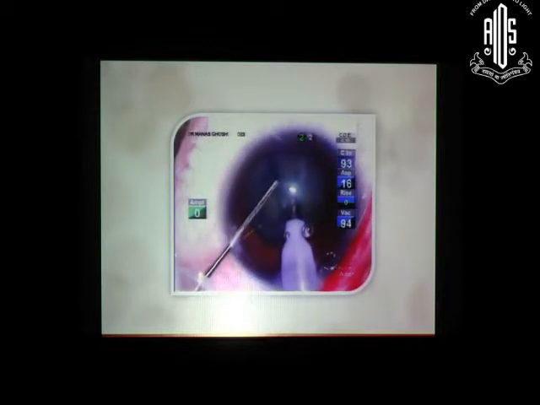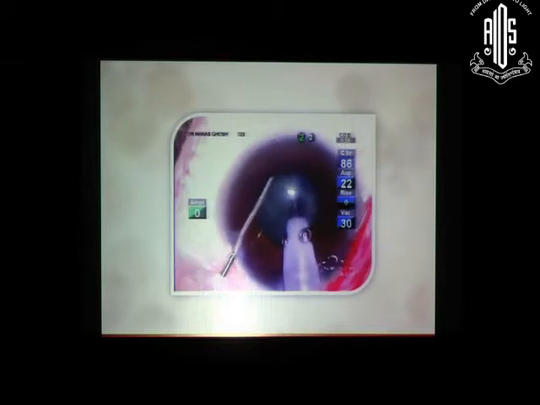Once I start my irrigation, now I started chopping, and you see there is progressive miosis occurring. I am chopping, and there is progressive miosis.